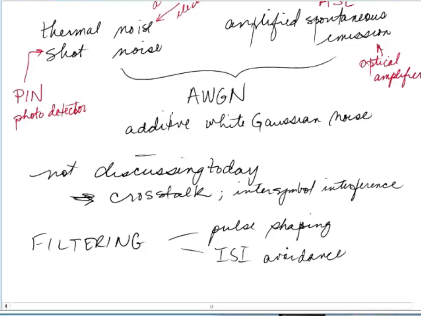And pulse shaping can also be used to reduce crosstalk to allow tightly spaced channels. So they're all interrelated. So those are the big lines of what we'll be covering this week.